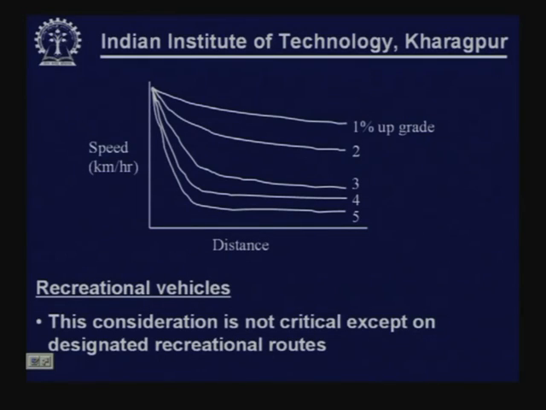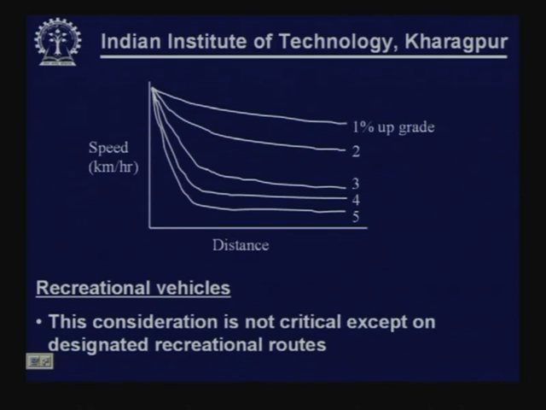So, commercial vehicles, when they negotiate grades, show a reduction in speed as the distance increases. Keeping that phenomenon in mind, the grade upper limits are decided.